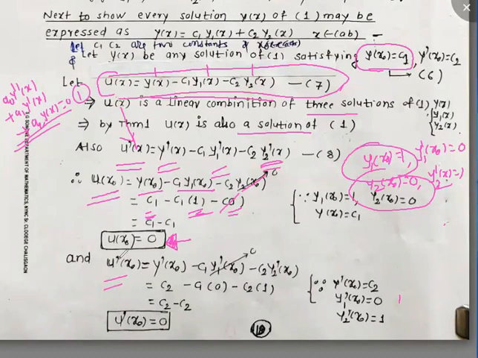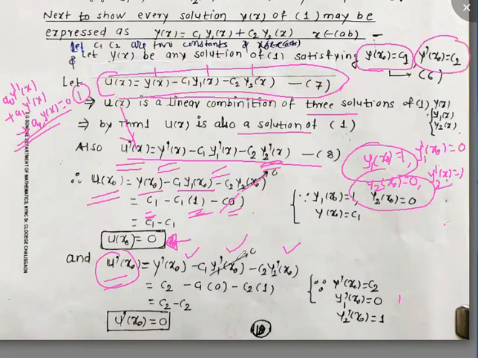Similarly, find out the value of u dash x0. What is u dash x? This is equation number 3, put x equal to x0. We get y dash x0 minus c1 y1 dash x0 minus c2 y2 dash x0. Now substitute the values again. y dash x0 is c2.